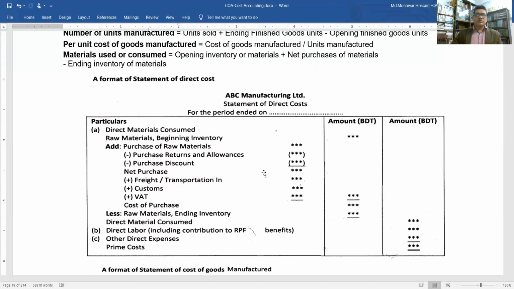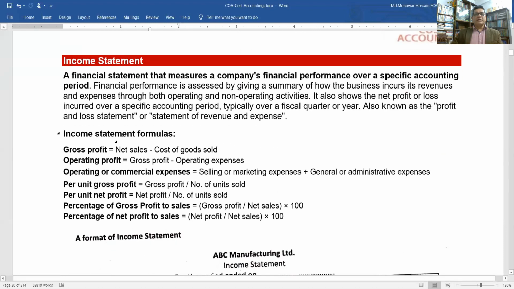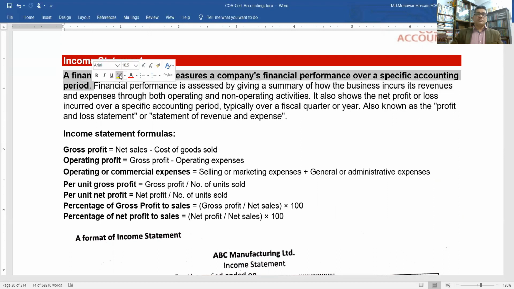It's a valuable resource. So a statement of direct cost, look here, starts from the material consumed and closes with the prime cost. And look here, a statement of cost of goods manufactured starts with prime cost and closes with the cost of goods manufactured. An income statement is a statement that measures the company's financial performance over a specific period. You all know it, okay?